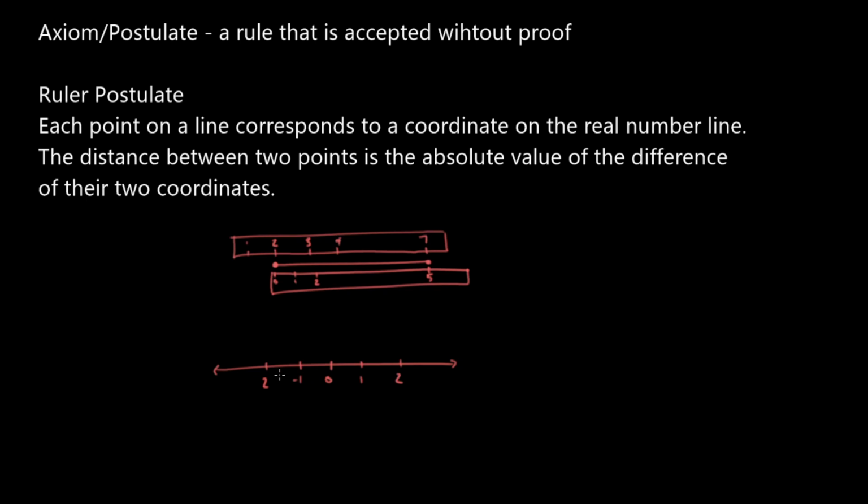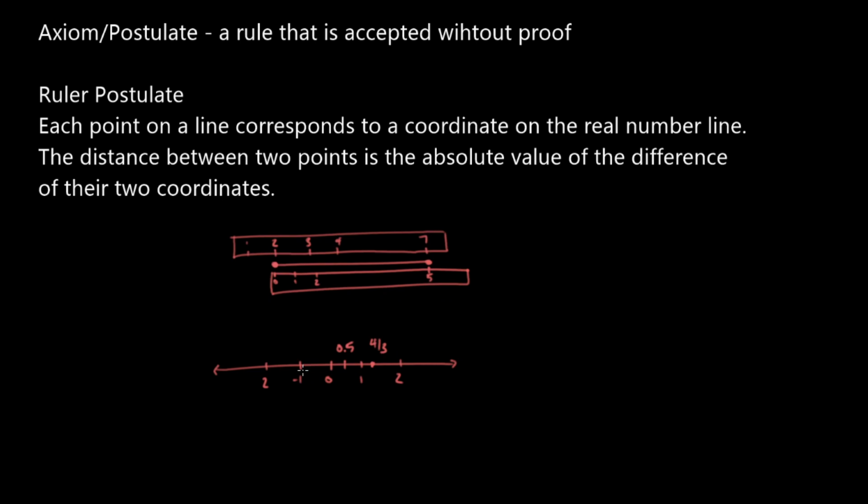And just like there aren't just 5 numbers on this number line, there are infinitely many numbers that I haven't drawn in, like 0.5 is right here, and somewhere over here is 4/3 and so on. Even though I only have these 2 points labeled, there are infinitely many points in between, and they each correspond to a value on the number line, which allows us to actually find their distance.